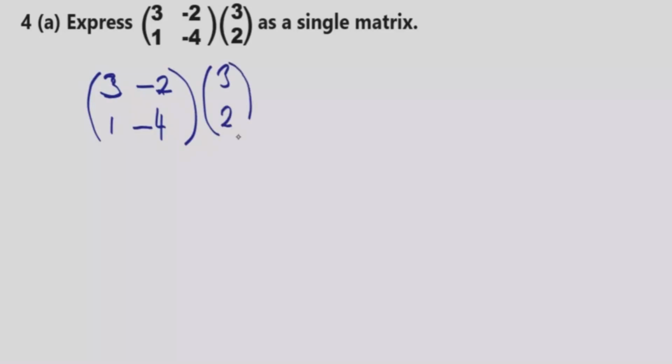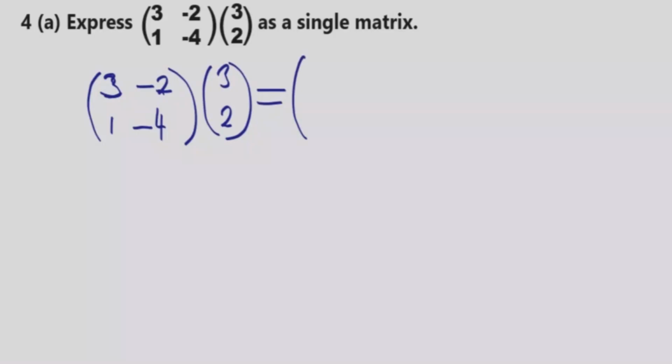First we rewrite the same expression down here, the same matrices the way they are appearing. So -2, -4, close bracket, then we open, we say 3, then 2 down here, and then we say equals. We open a bracket.